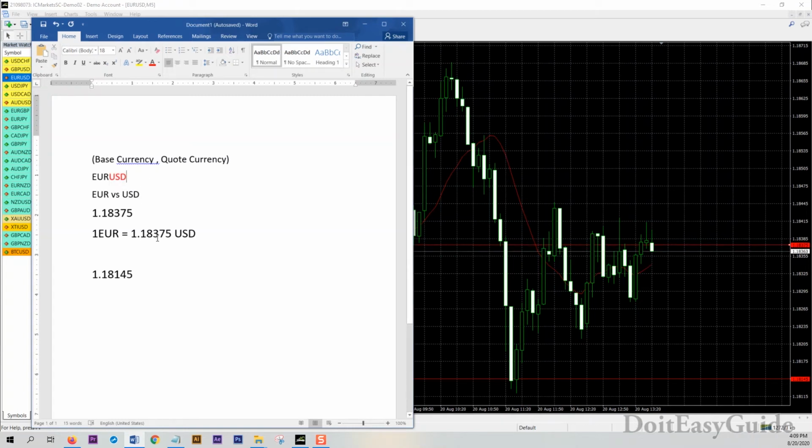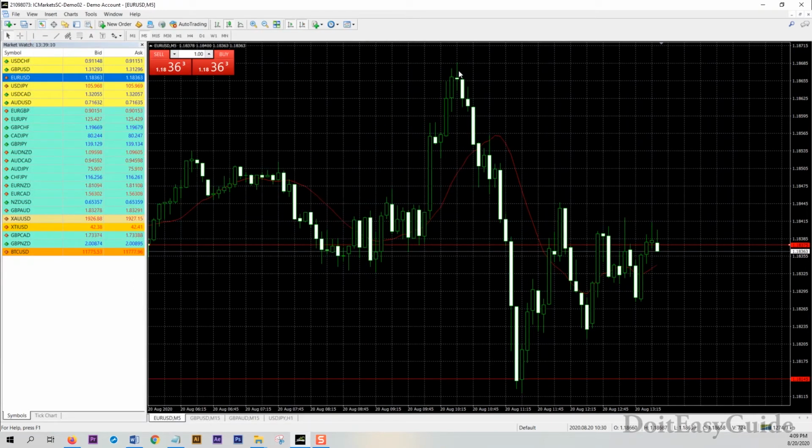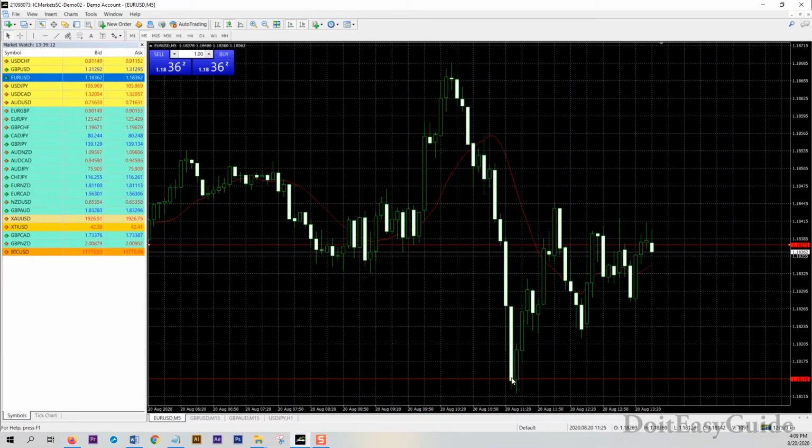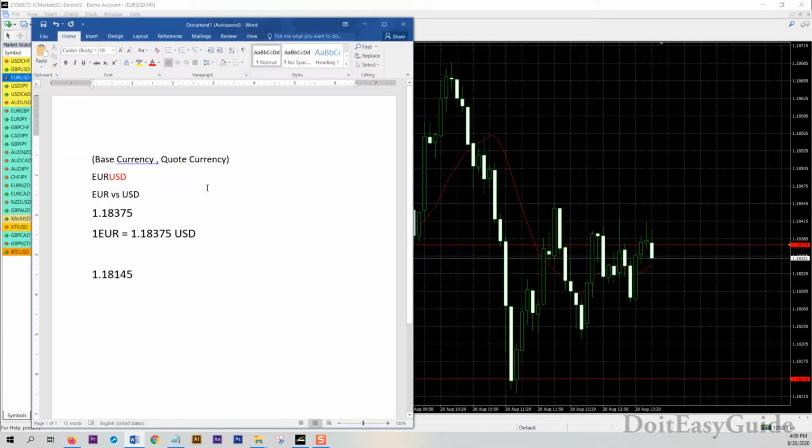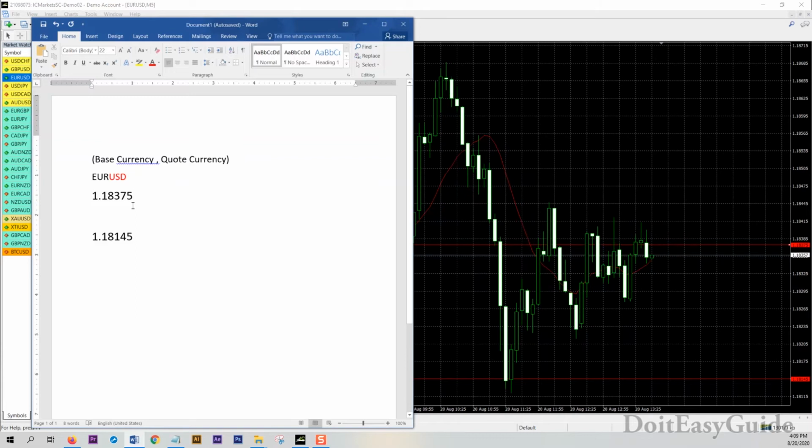So here, from here to here, euro was getting weaker, and on the other side, USD getting stronger on this Euro USD pair. Okay, so I'm going to delete these things. Our price came from 1.18145 to 1.18375 closely. Okay. So what is a pip?